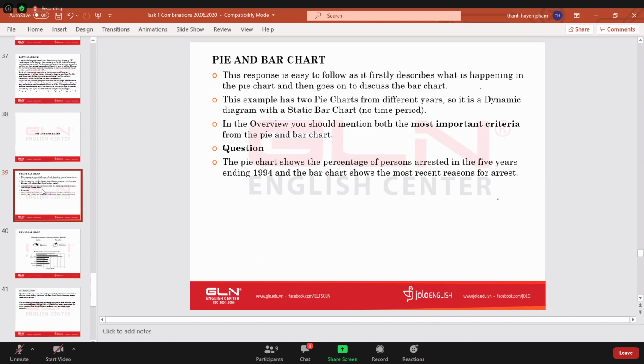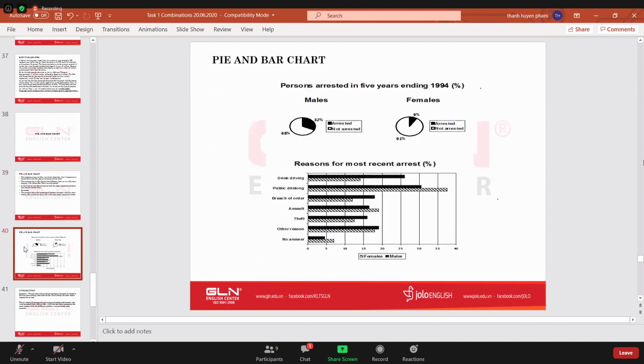In the overview, you should mention the most important criteria from the pie and bar chart. So what's the question? So the pie chart shows the percentage of persons arrested in the 5 years ending 1994, and the bar chart shows the most recent reasons for arrest. So let's have a look at the diagram. So there at the top we have two very simple pie charts.